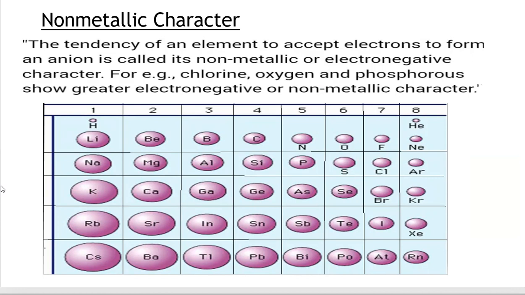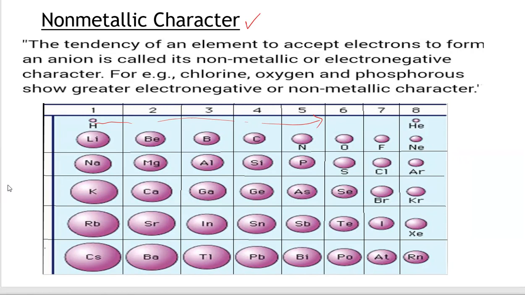Or you can also remember like this: left side metals, right side non-metals. So as we move from left to right, we are moving towards non-metals, so non-metallic character increases.